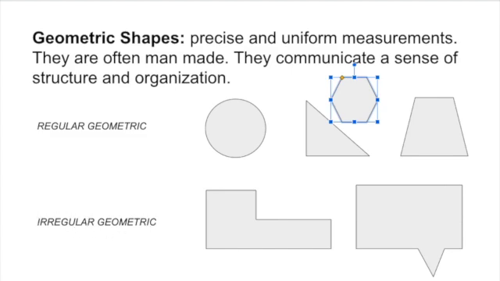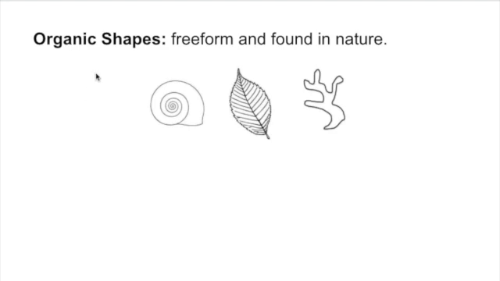The last category of shapes that we have are these ideas of organic shapes, and these are the ones that are often found in nature. They are defined by curving, flowing lines. There's a sense of elegance to them. They're not nearly as rigid as a geometric shape, and that's what makes them unique.